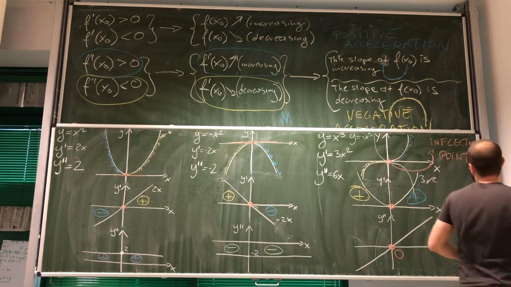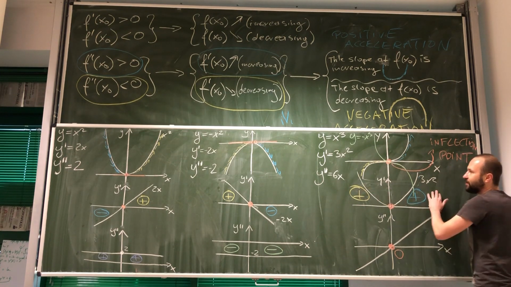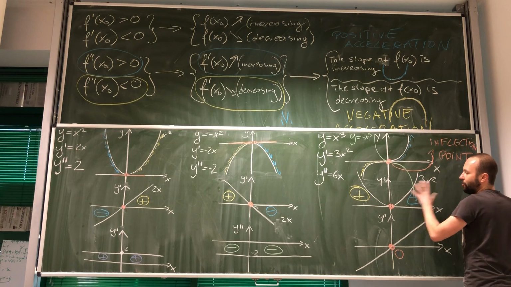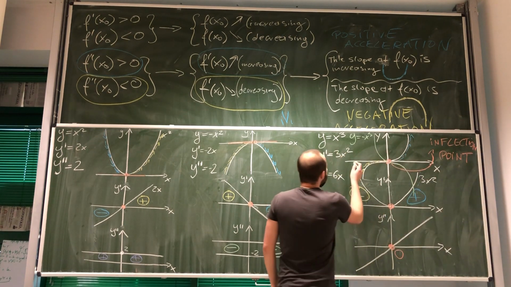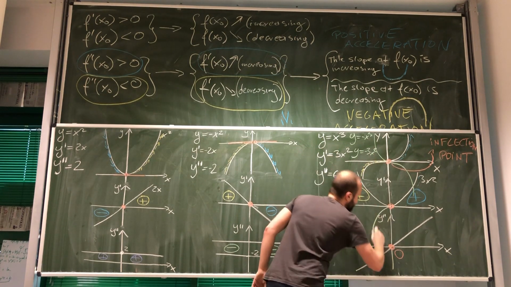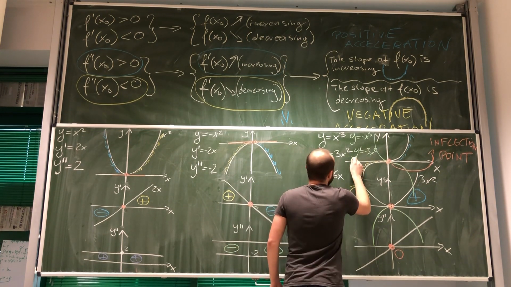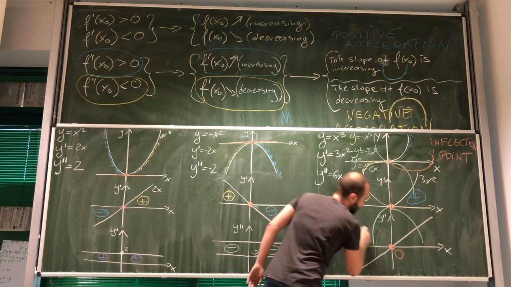So this type of point we're going to call an inflection point. And look, this point will be characterized by the fact that the first derivative is either always positive or always negative around this point, right? Because for this function, the derivative would look like negative 3x squared. It would look like this. And the second derivative would look like negative 6x, like this.